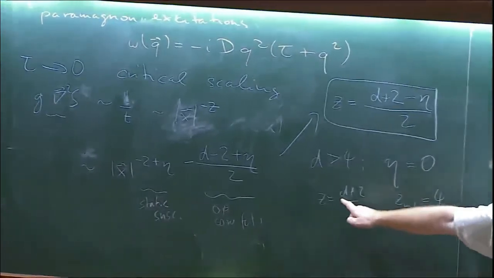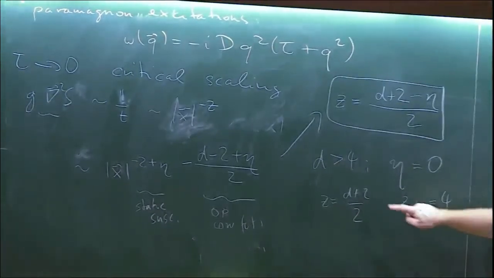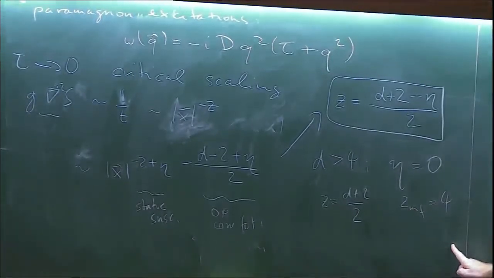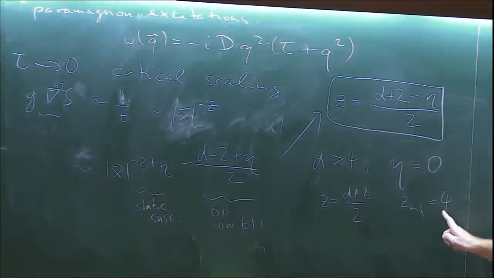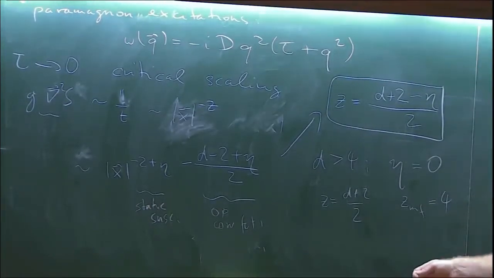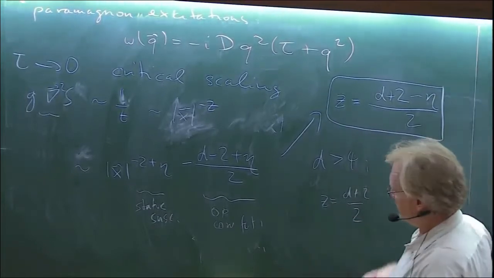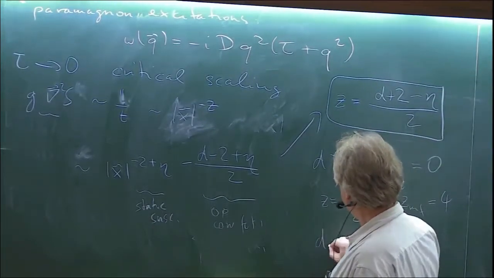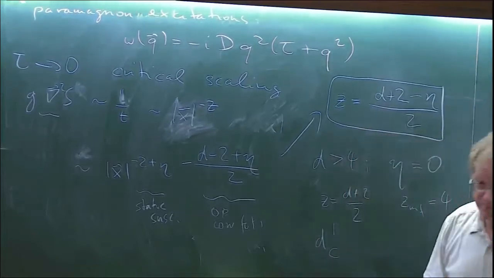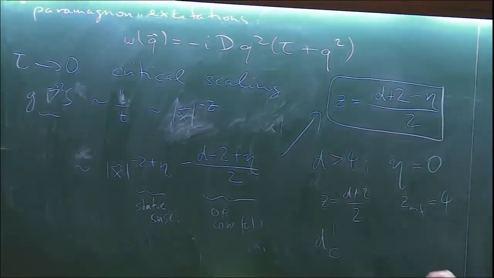And this is going to be larger than this, and therefore faster if d is larger than 6. It's slower than this, and therefore slower if d is less than 6. So this is the right answer if I'm in less than 6 dimensions. That tells me, the dominating answer, that the upper critical dimension for this dynamics here is 6.